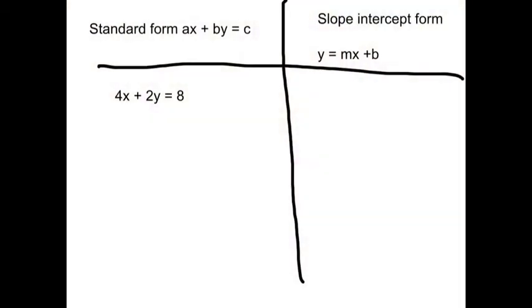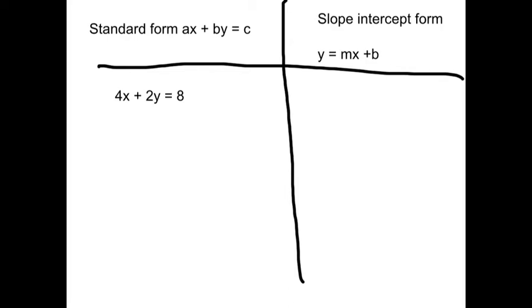So this video shows you how to go from standard form, where your x and y are on the same side, to slope-intercept, where it's y equals slope x plus or minus b. So we're given an equation in standard form, and the standard form formula, for lack of a better word, is ax plus by equals c, where a simply stands for the coefficient of x, and b simply stands for the coefficient of y, and c is a constant.